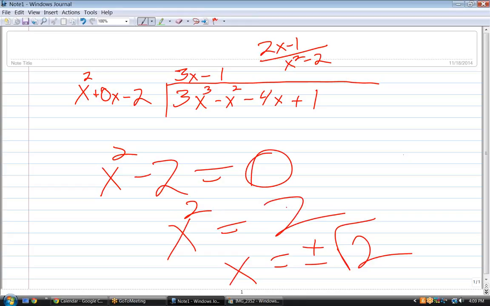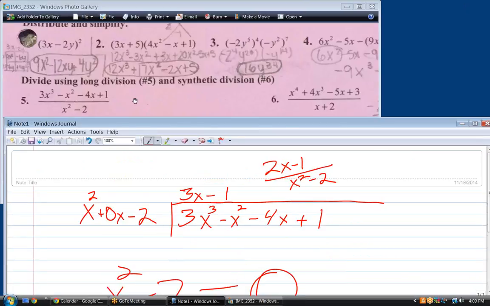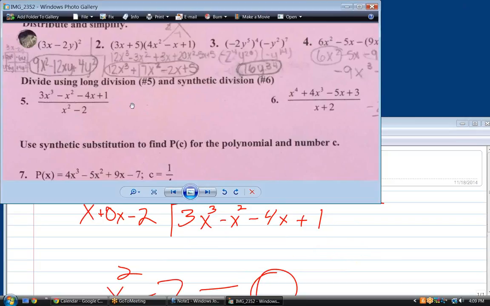So I think I have to divide by plus the square root of 2, and then also divide it by minus the square root of 2. I don't think we'll have to do that, as long as it won't be on the test.